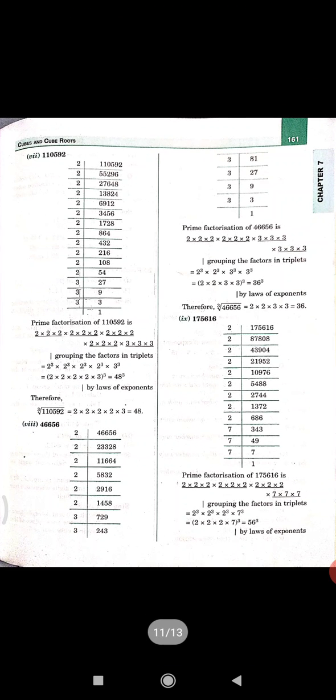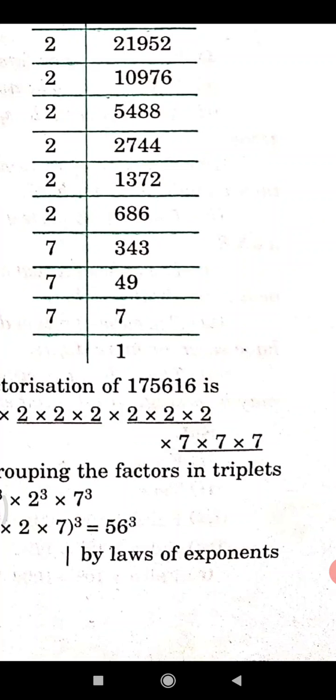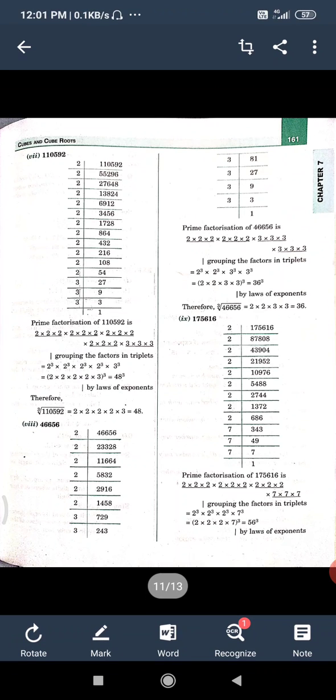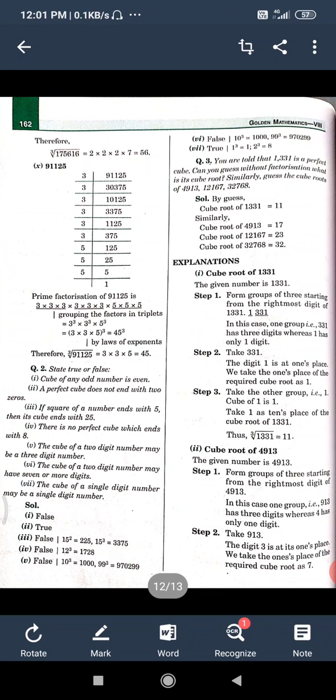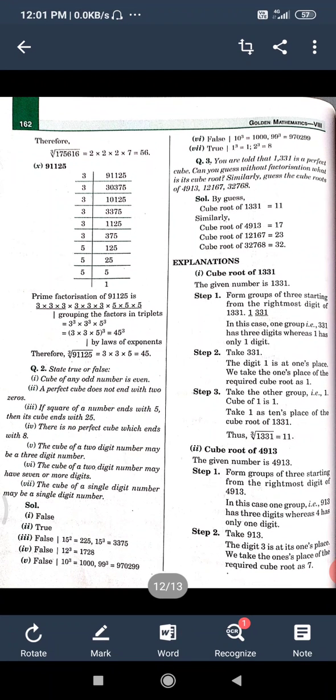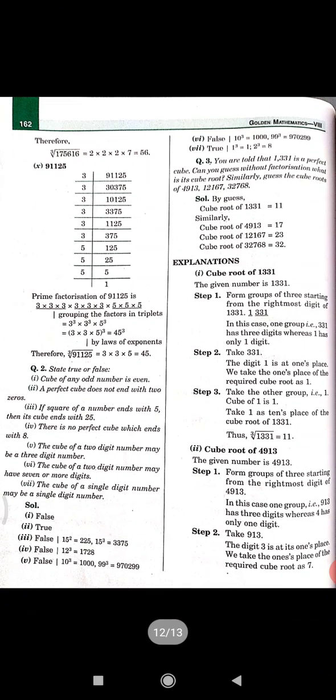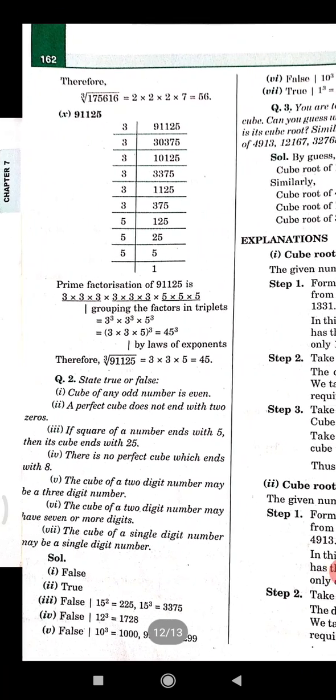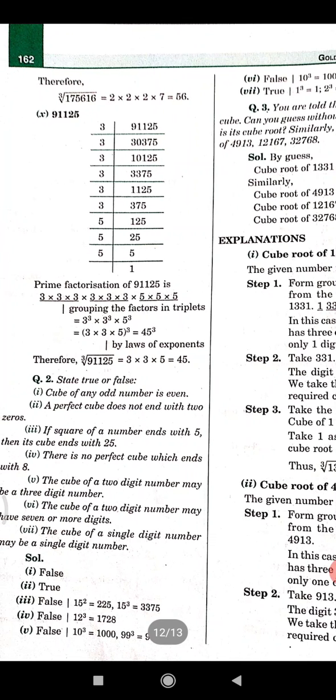Okay, now the last number, 91125. Here the last digit is 5, so it cannot be divided by 2, so we start from 3. Divide by 3, 30375.